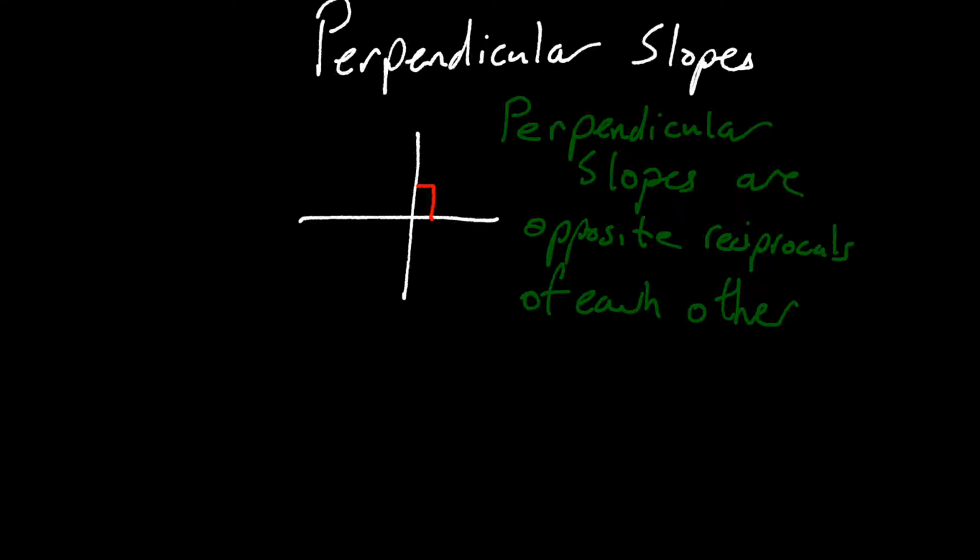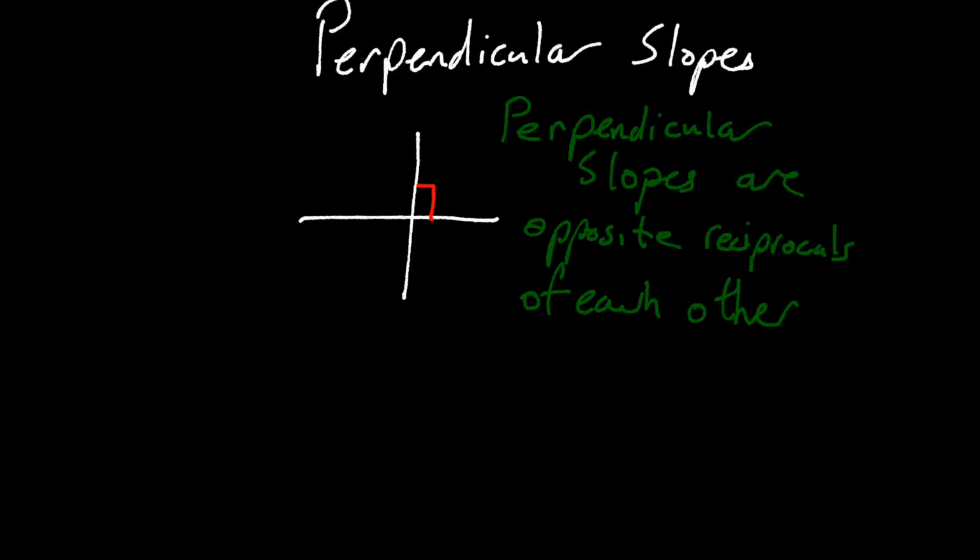And what does this mean? Because we've got some big words in here, opposite and reciprocal. Opposite means if one was positive, the other has to be negative. Or if one was negative, the other has to be positive. And reciprocal means that it is the inverse.